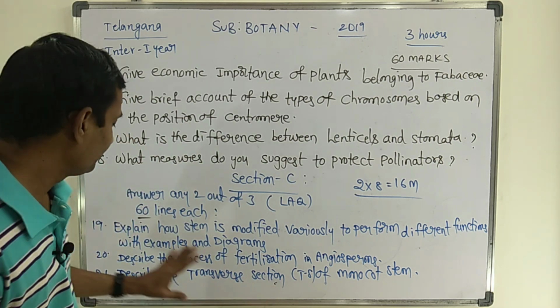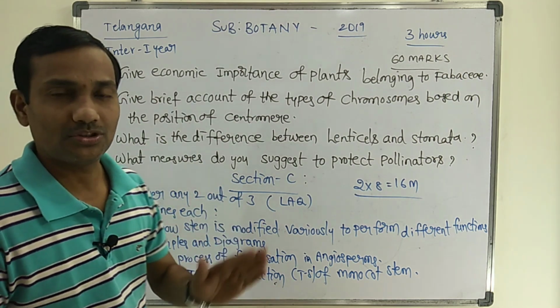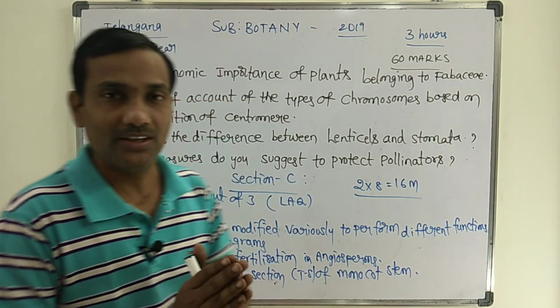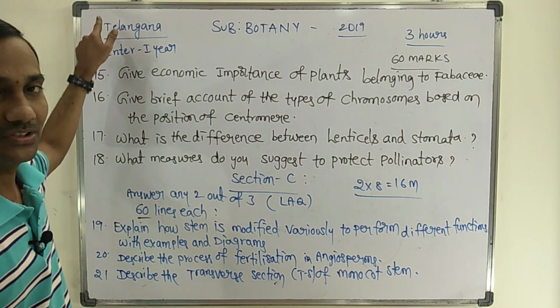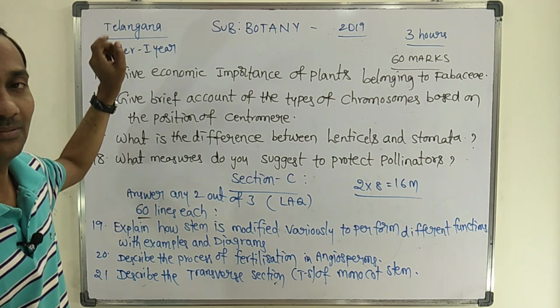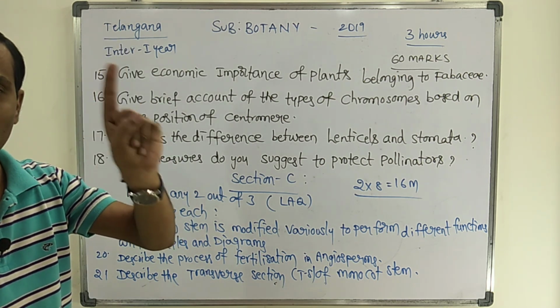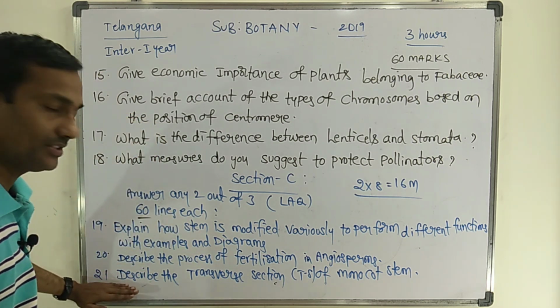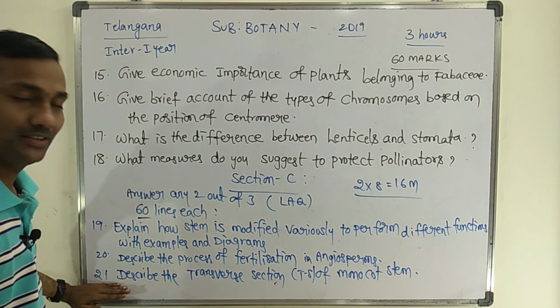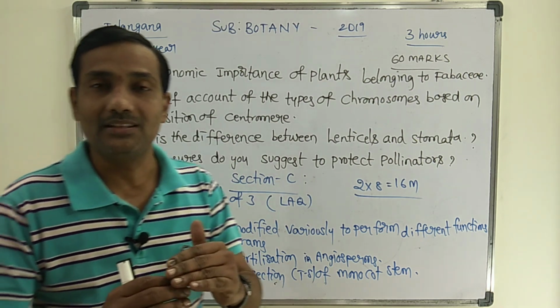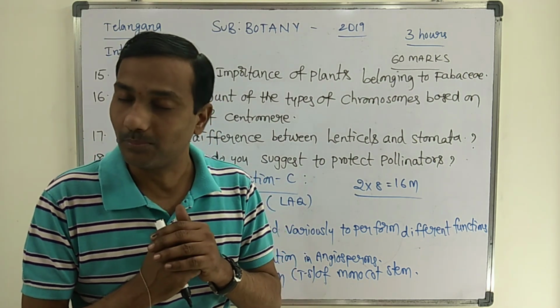Observe carefully the serial numbers, which start with the first section. In Section A, the first question is number 1, and the last serial number is question 21. You have to mention the serial numbers properly in the exam.